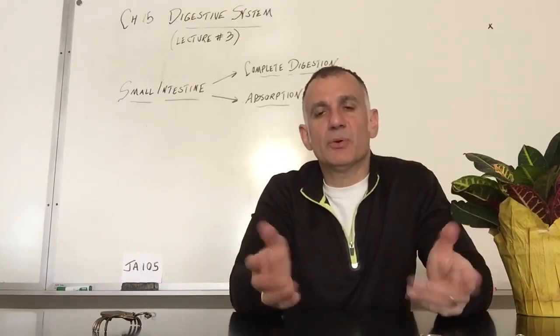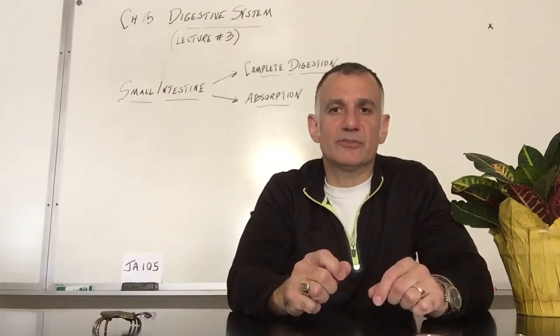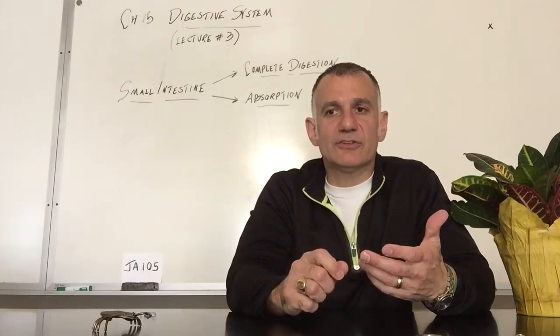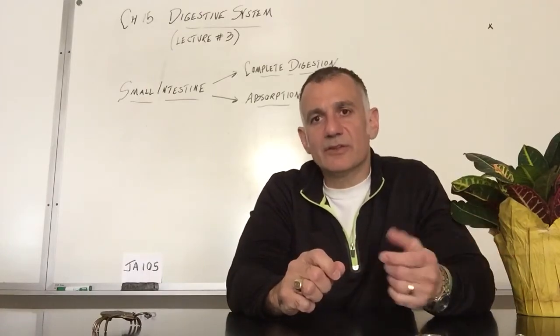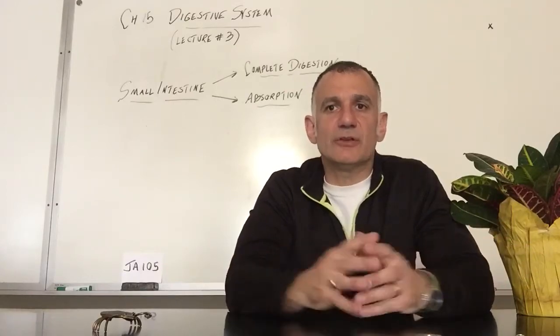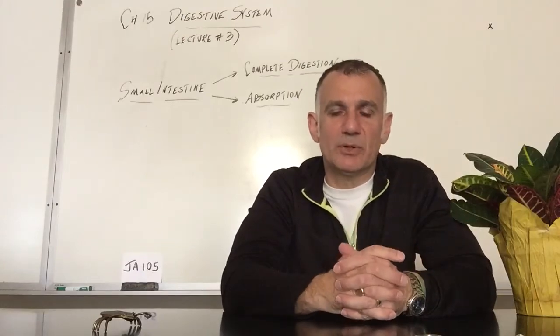So the big point that I need you to understand here is that absorption is going to occur in the second region of the small intestine primarily, and we're going to be pulling these materials out of the small intestine into the capillaries and then distributing them around the body using the bloodstream so the cells can get the nutrients that they need: glucose, amino acids, salts, anything that you've eaten that's been broken down and digested.